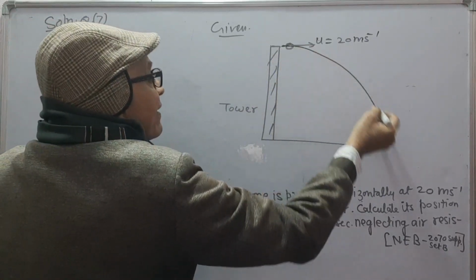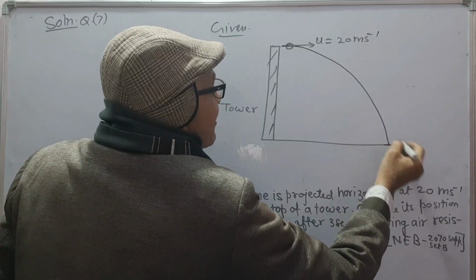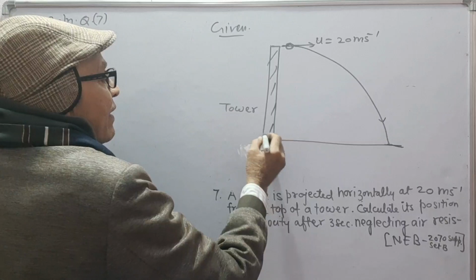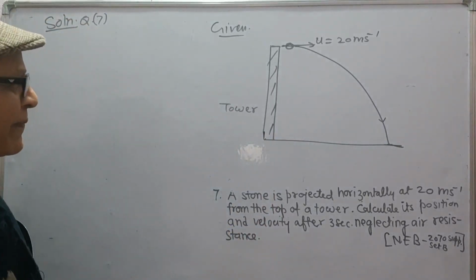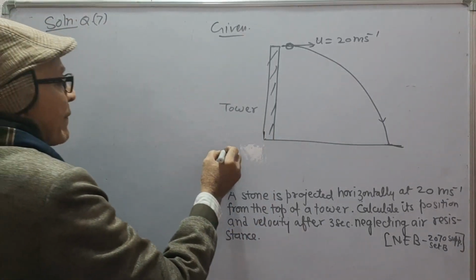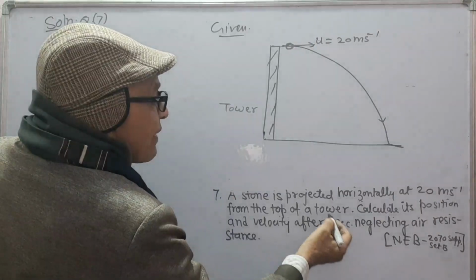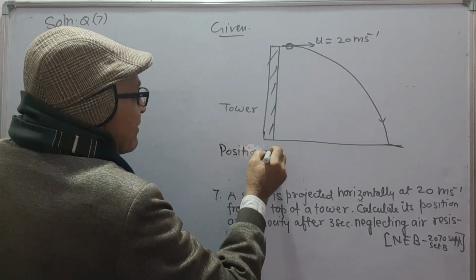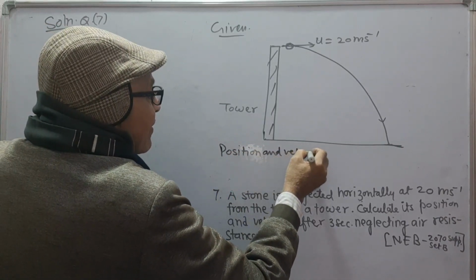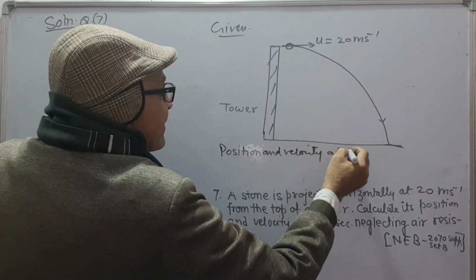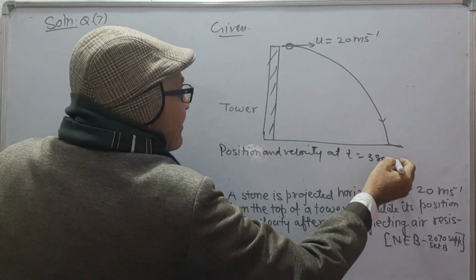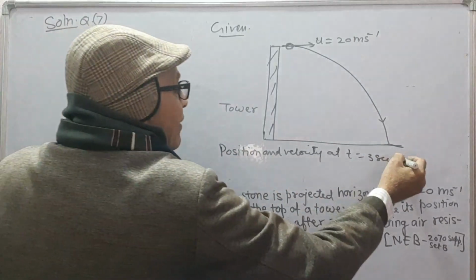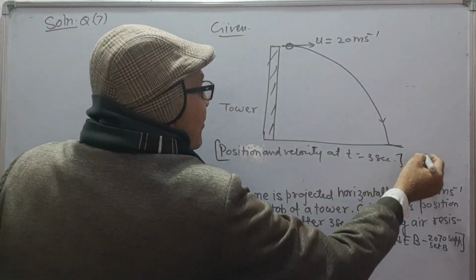It will reach to ground, moving towards this path. We have to find position and velocity at t is equal to 3 seconds.